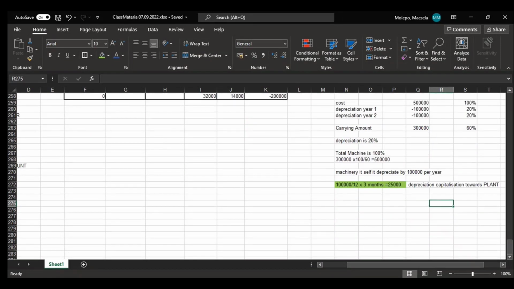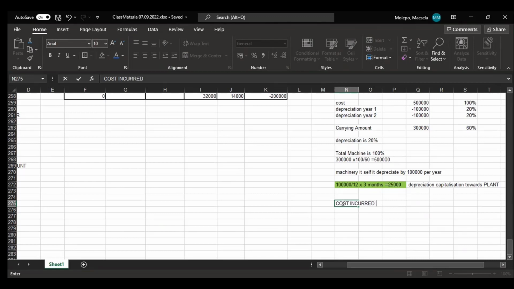Now, they say a new plant, to build a new plant. The plant was commissioned on this date, and the following expenses were incurred in building the plant. So, cost incurred to build the plant.